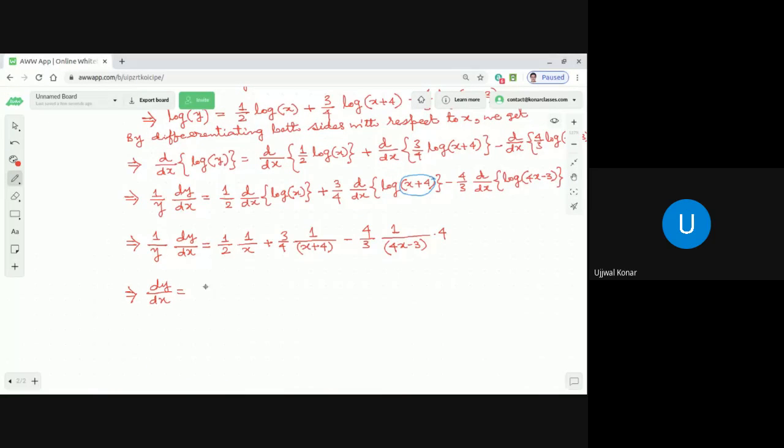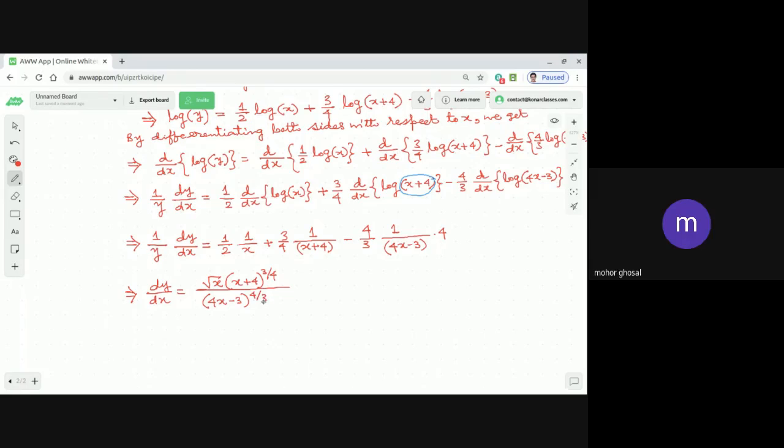Square root of x into x plus 4 power 3 by 4, divided by 4x minus 3 power 4 by 3.